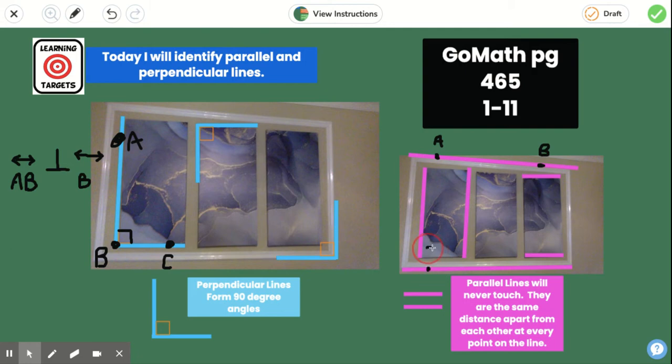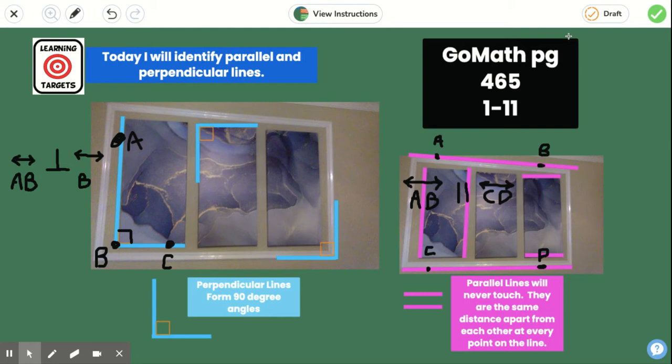And let's say down here we've got C, and let's call this one D. So I could say that line AB and CD are parallel, so I'm going to do the parallel symbol, two lines straight up and down, and then the second line, so AB is parallel to CD. Okay, so line AB right here on top is parallel to line CD.